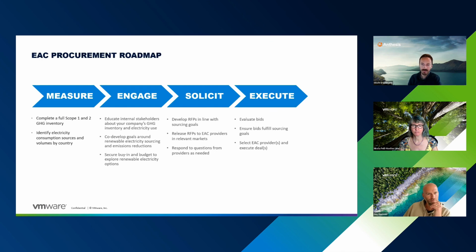You say, we are looking for 10,000 EACs in North America and 5,000 in France and 2,000 in Malaysia. And you can get back bids from brokers with specific pricing for those instruments. And then in the last step, you want to evaluate those bids, ensure that they're meeting the goals that you've defined with your renewable energy procurement strategy, and then execute on those.